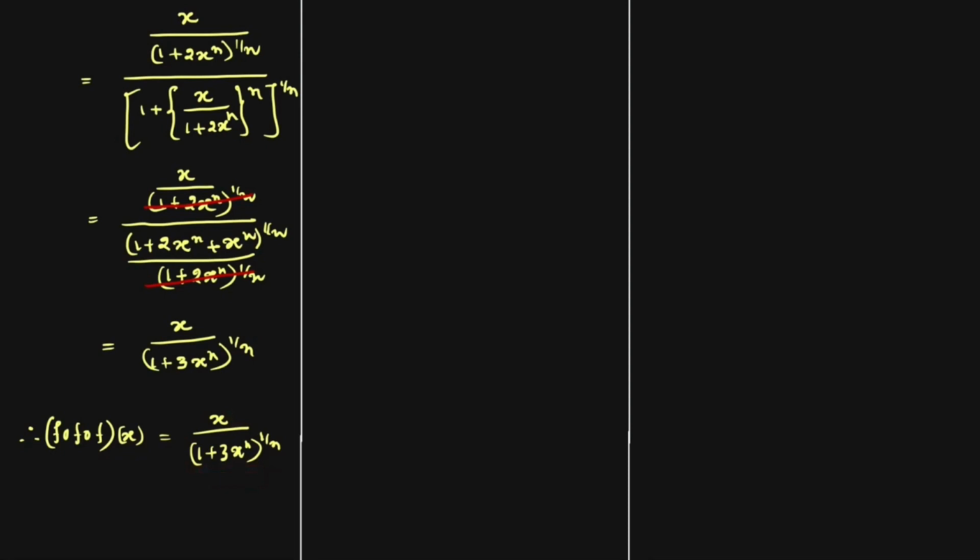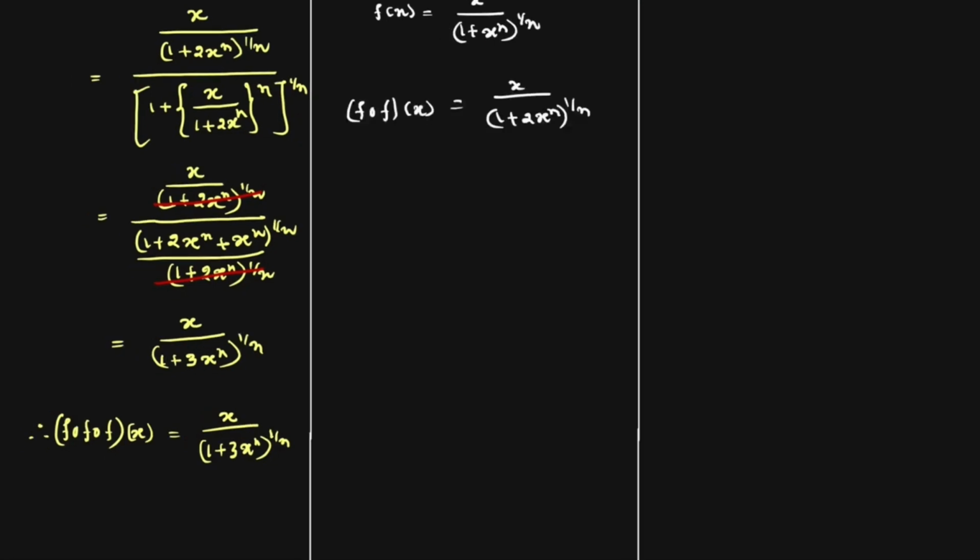So we have f of x, which is equal to x upon (1 plus x to power n) to power 1 by n, and f of x, which is equal to x upon (1 plus 2x to power n) whole to power 1 by n. f of x is equal to x upon (1 plus 3x to power n) to power 1 by n.